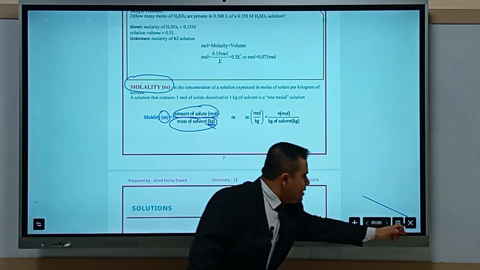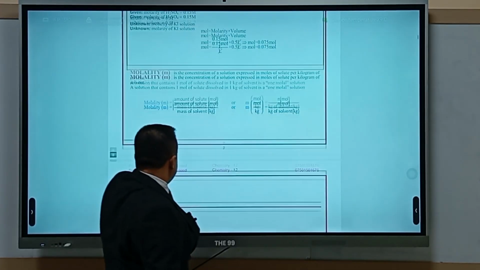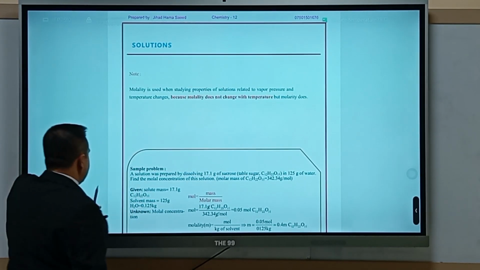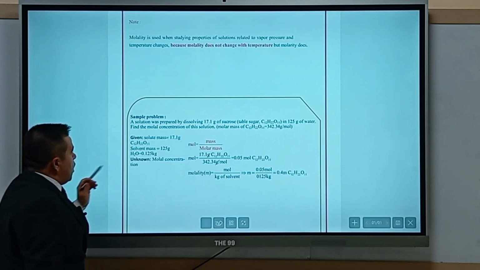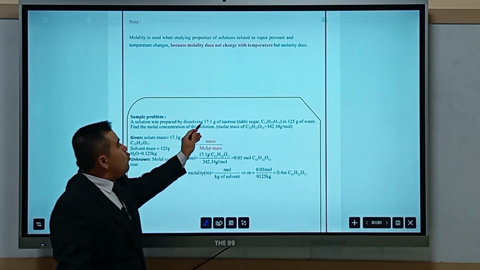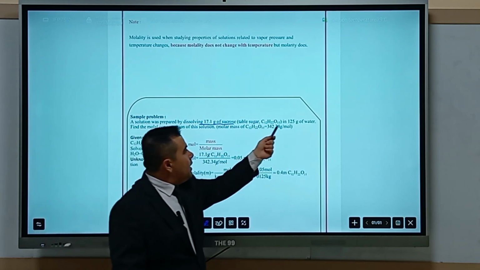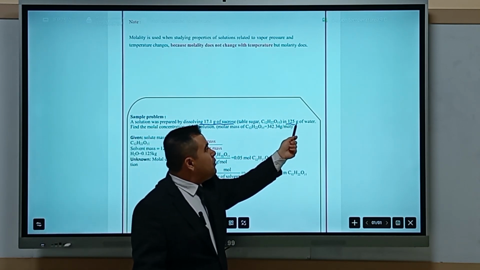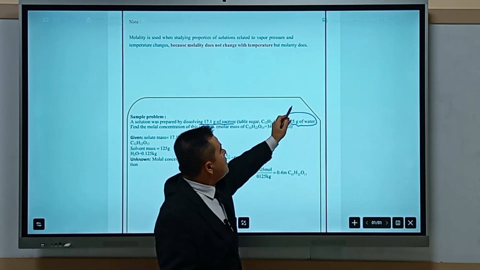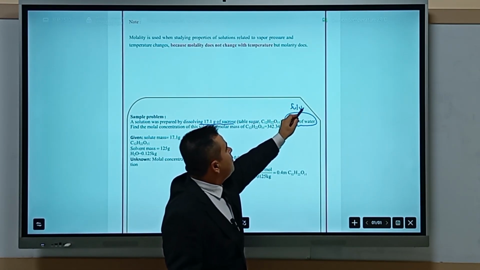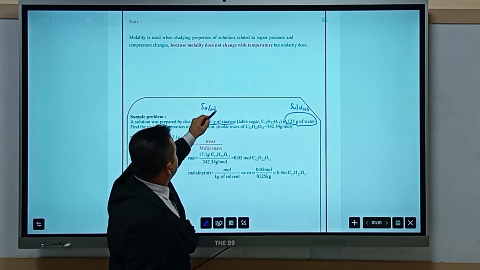Okay guys, let us solve a sample problem to find the molality. 17.1 grams of sucrose, table sugar, is given in 125 grams of water. So this is the mass of the solvent, and this is the mass of the solute.